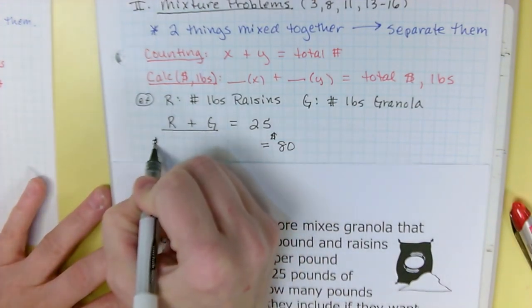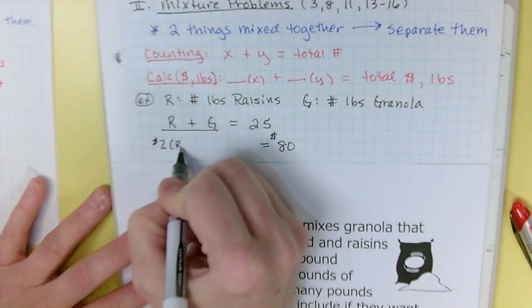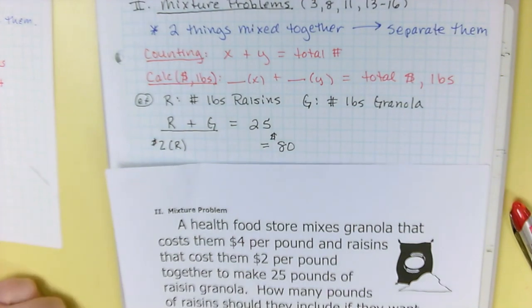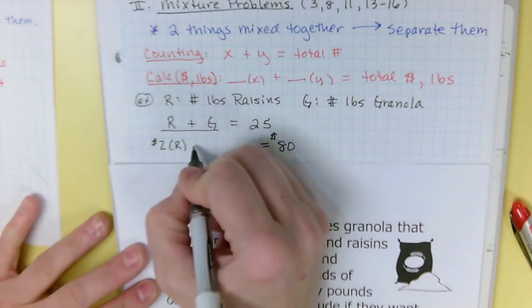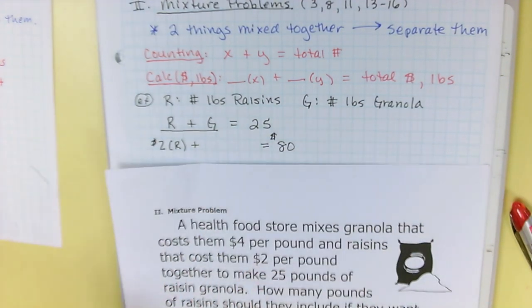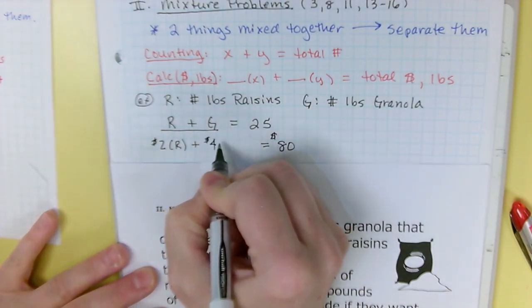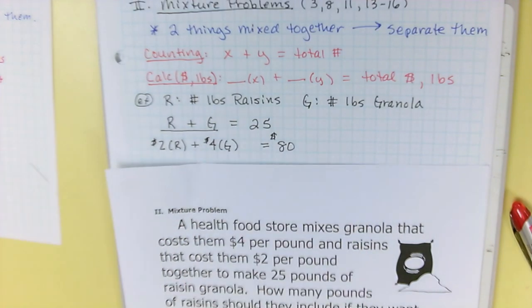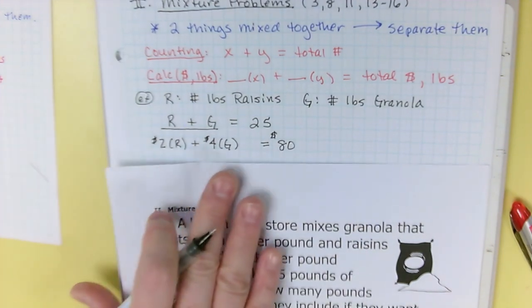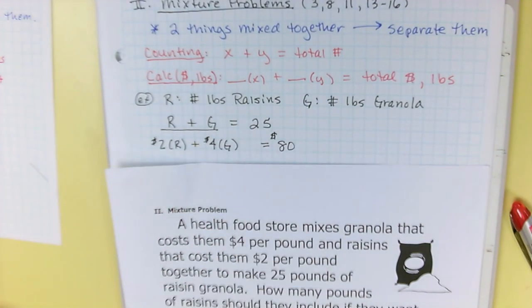So if I take $2 times the number of raisins, that'll give me how much the raisins cost. Plus, my granola is $4 per pound, so I'm going to take $4 times G pounds of granola, and money plus money should equal $80.